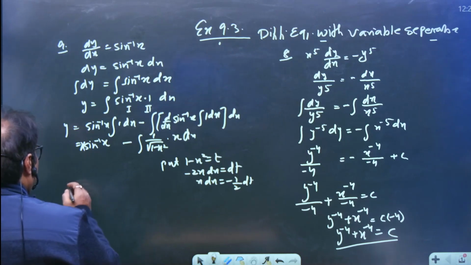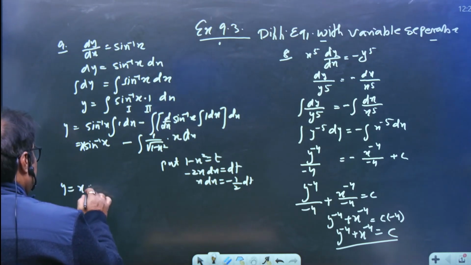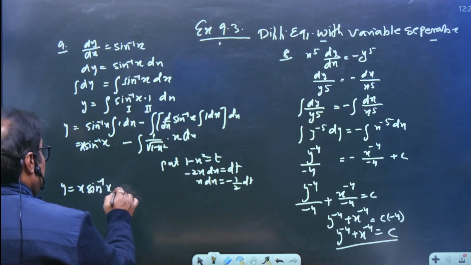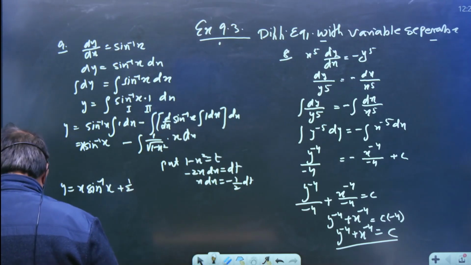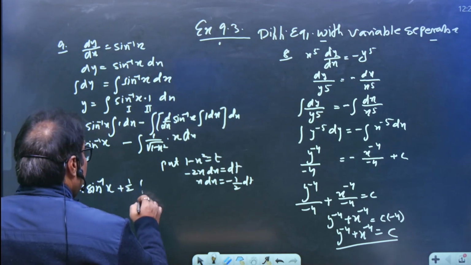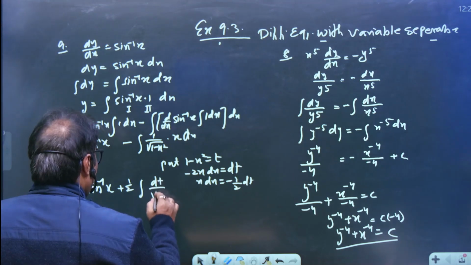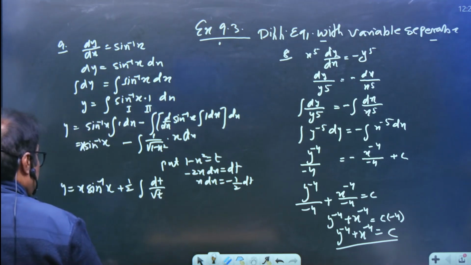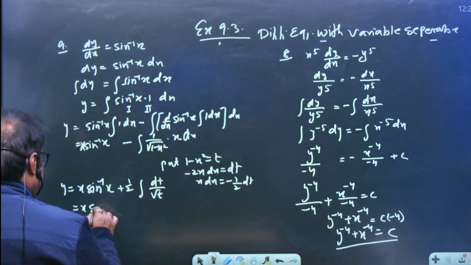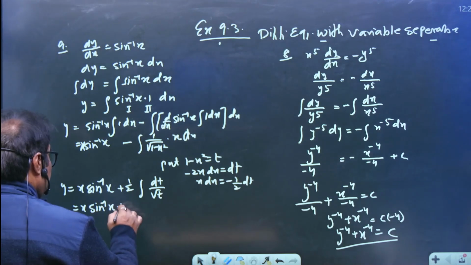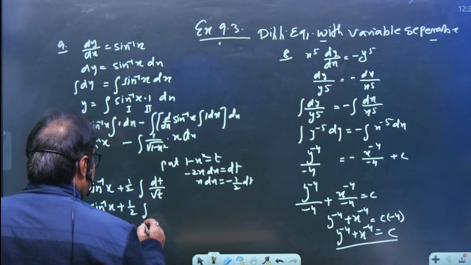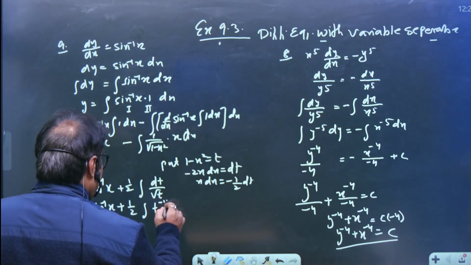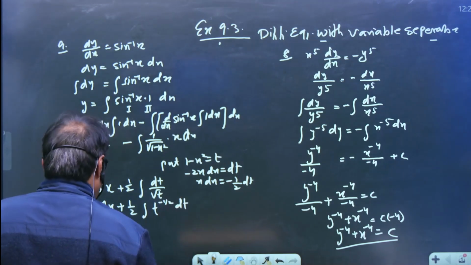So this becomes x sin inverse x, and this minus minus is plus 1 by 2, and dt upon root over t. So this is x sin inverse x plus 1 by 2 integration of t raised to minus 1 by 2 dt.